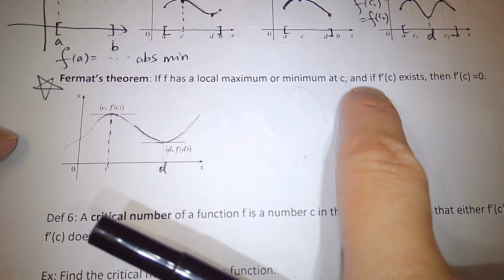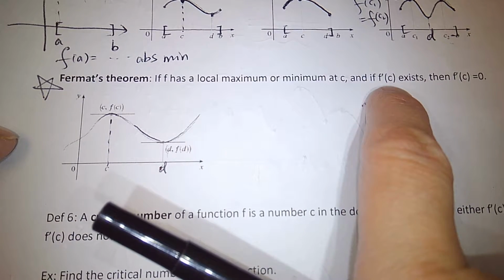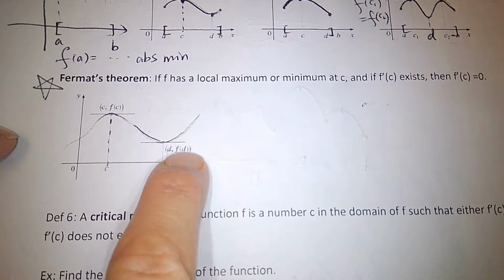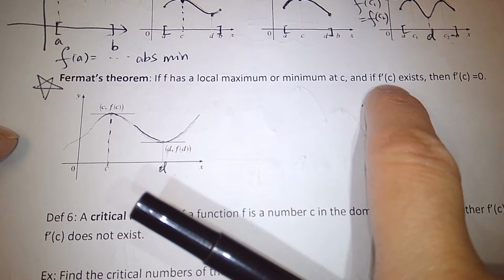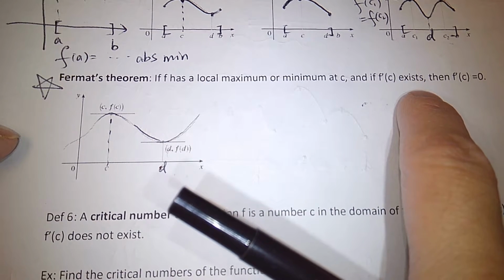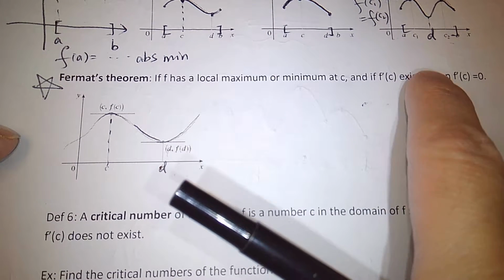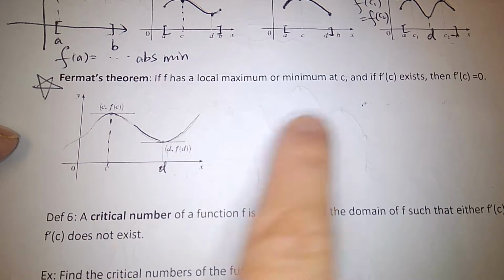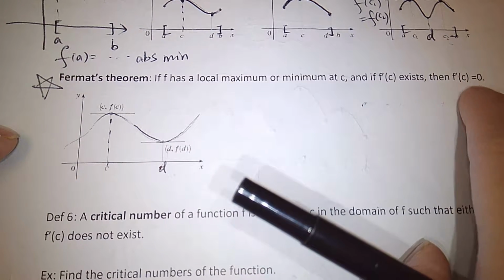It says that if the derivative of f at c or the derivative of f at d exists, then the derivatives at these points equal 0. Why?